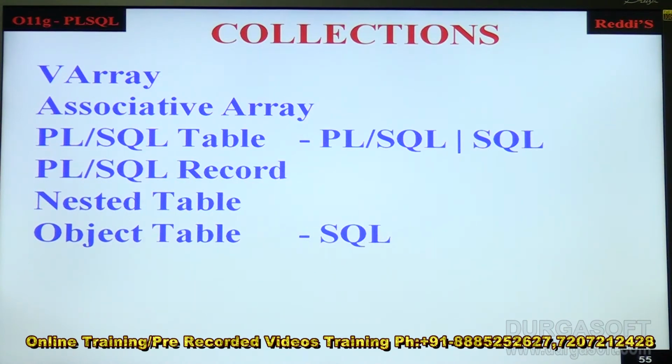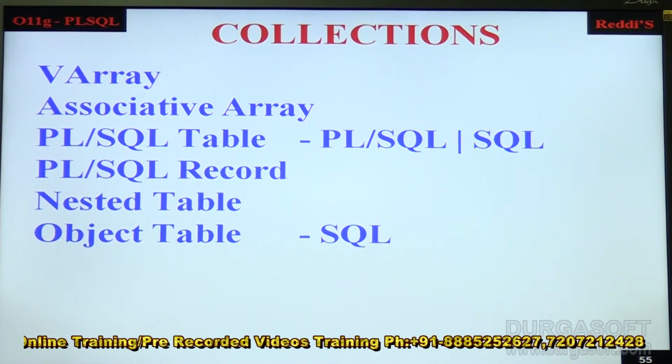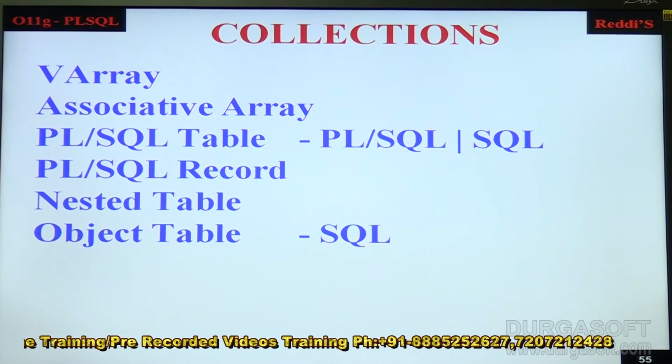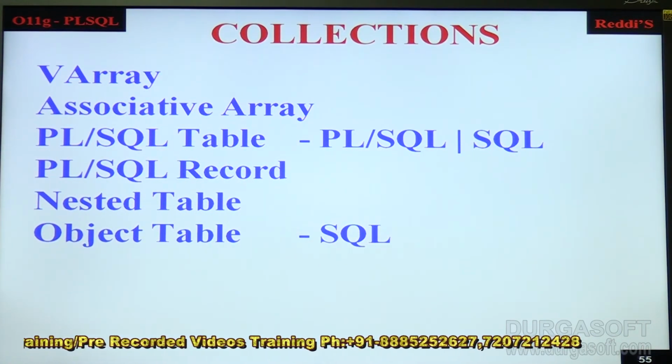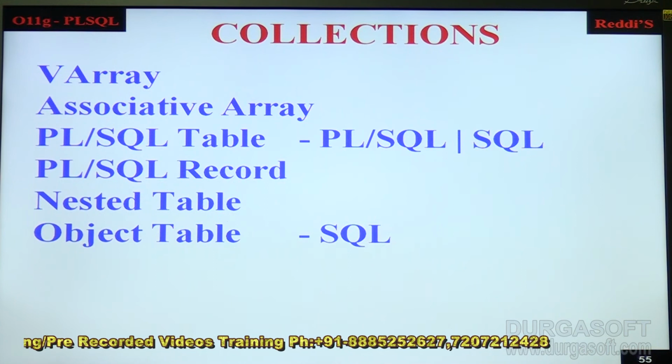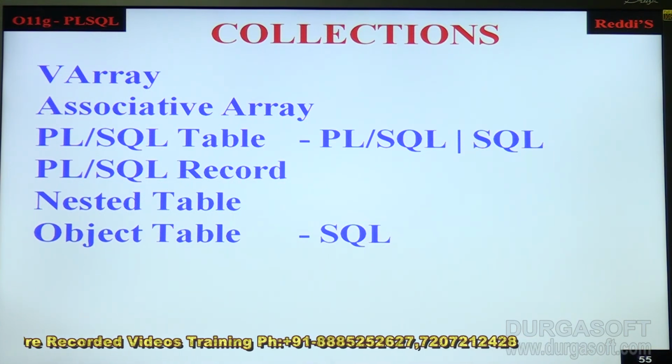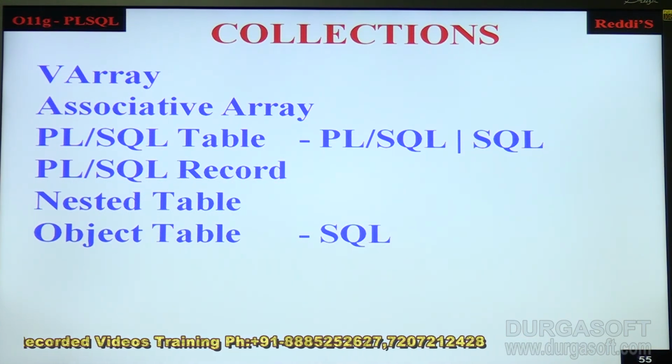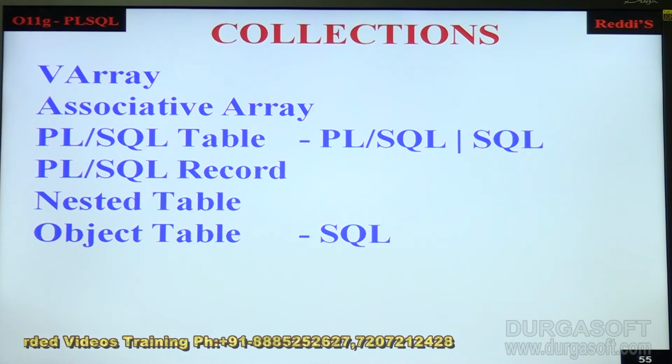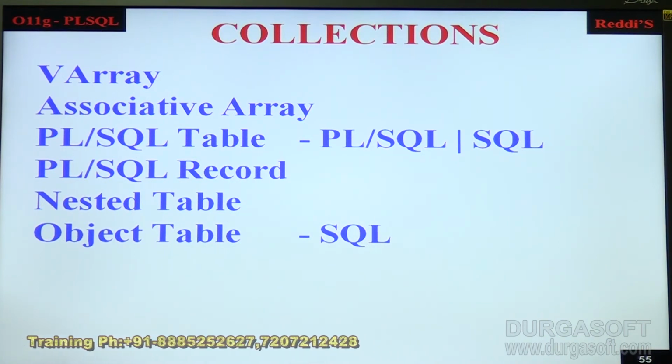Or we can specify table name percentage row type. That means we are going to store multiple columns in the collection based on the number of columns in the table. If the table has two columns, the collection will store the values for two columns.